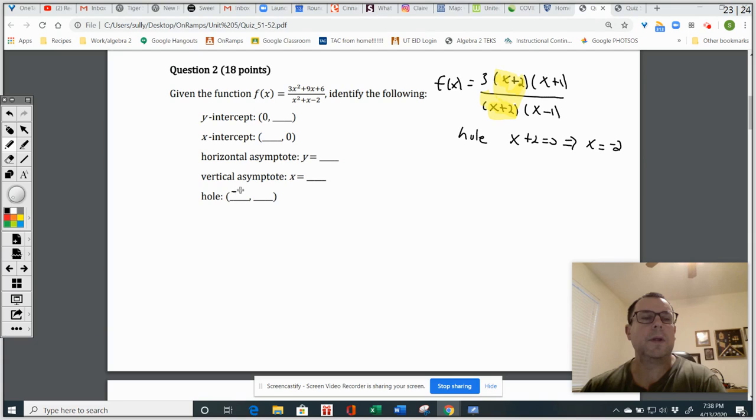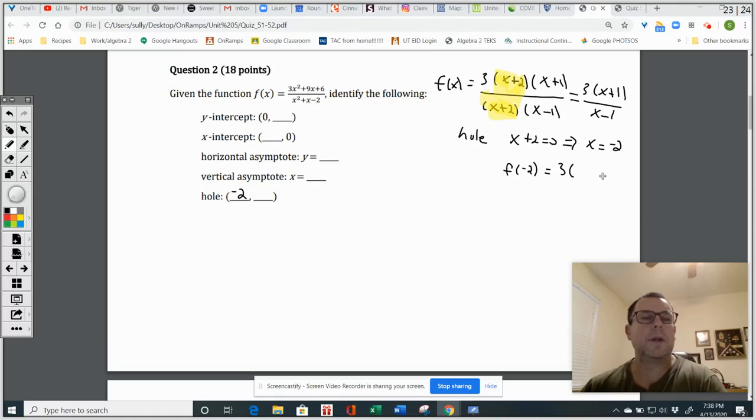I'm just going to fill this in. And so our simplified function up here, what this reduces to, is 3 times x plus 1 over x minus 1. And notice we still need to find the y coordinate of our hole. So we're going to take this x value of -2. We're going to plug this in for these two x values. And so we're just evaluating what's left, f at -2.